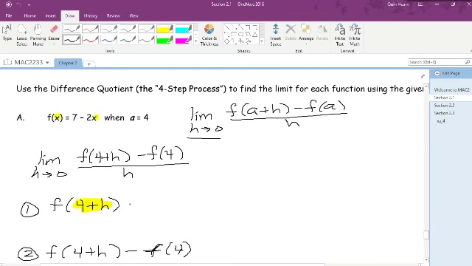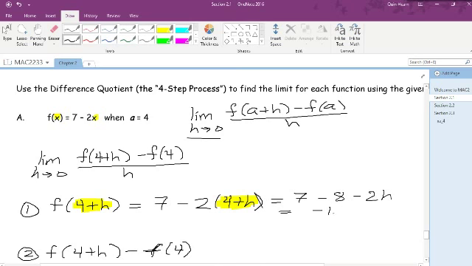Okay, so this means that we're going to have 7 minus 2 times (4 plus h). All right, so distributing the negative 2 through the expression, we're going to have 7 minus 8 minus 2h, which simplifies to just negative 1 minus 2h.